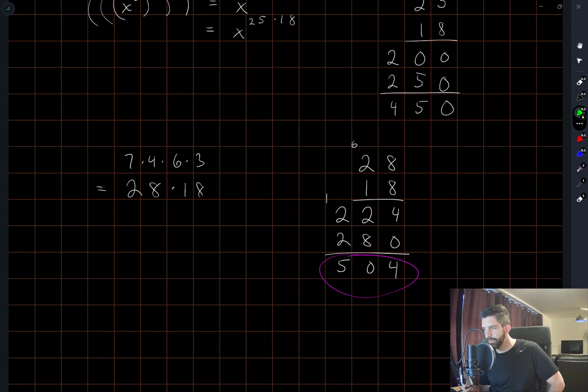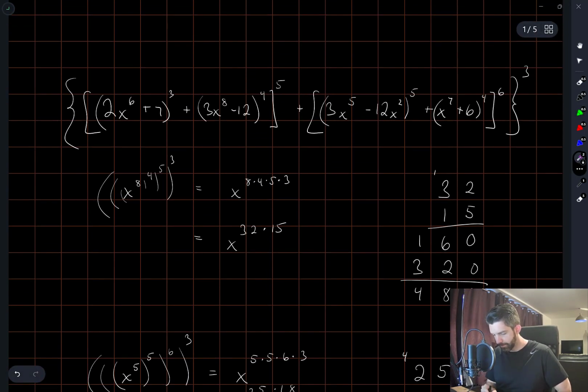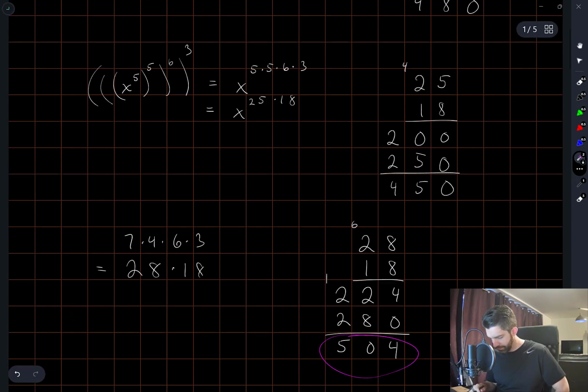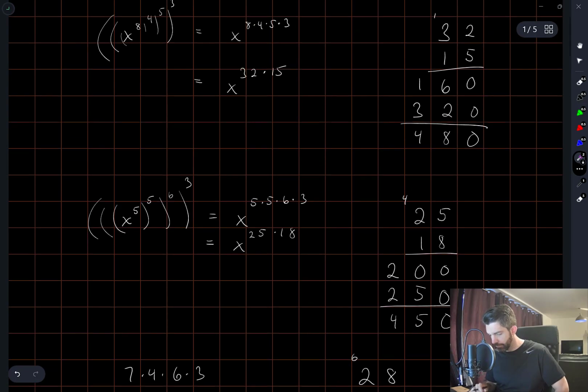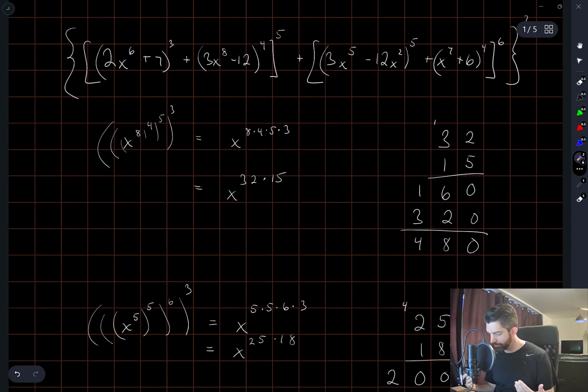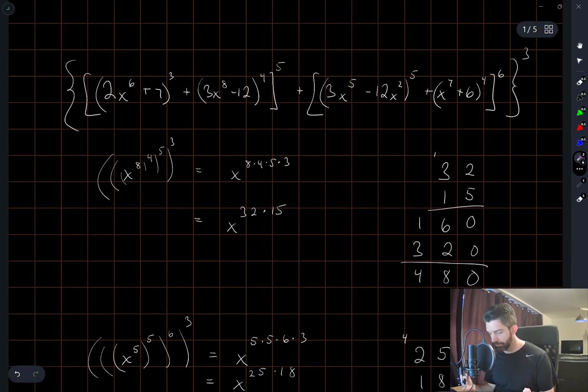And if I work from the last of all these terms, this one here, 6 times 3 times 5 times 3, that would give us 18 times 20, which is definitely less than this. So there's no chance of these powers canceling out. None of those terms have a negative sign in front of them anyway.